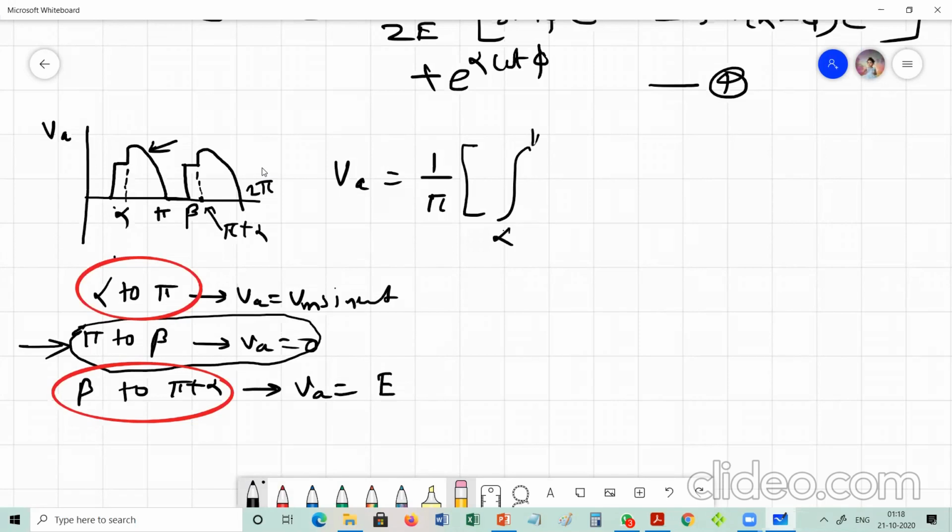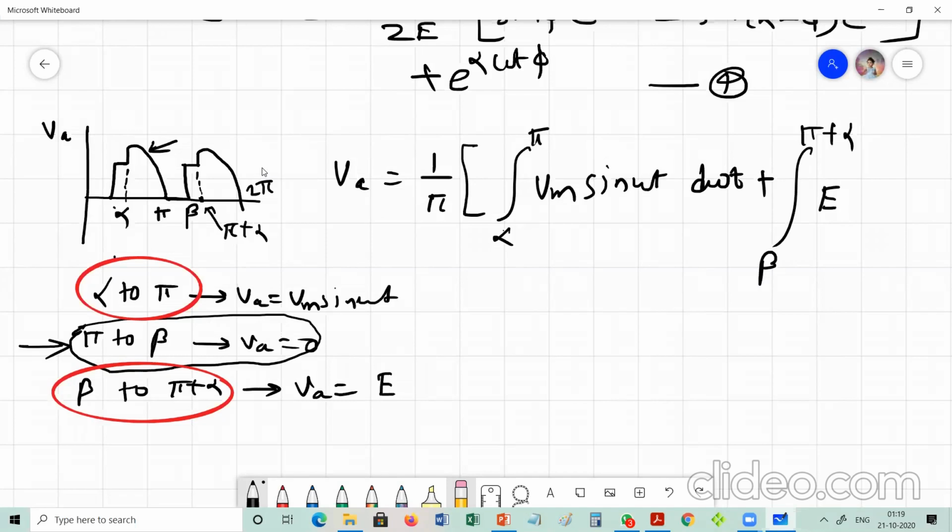Va is equal to 1 by pi, integration from alpha to pi of Vm sin omega t d omega t, plus integration from beta to pi plus alpha of E d omega t.